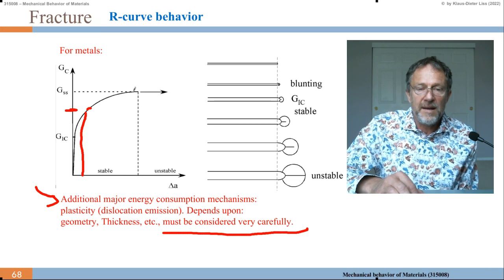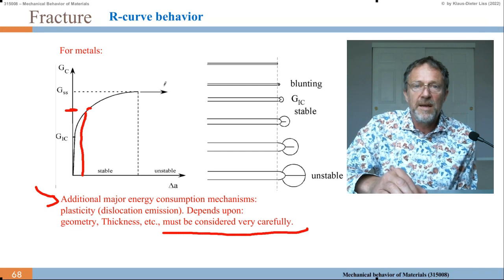And that goes to a maximum. So eventually, if I get to this horizontal tangent, then it doesn't matter anymore. I can grow the crack by delta A, but G does not increase anymore, so it grows and grows and grows, and that's the situation for the brittle material, for the glass, which is just a horizontal constant line.